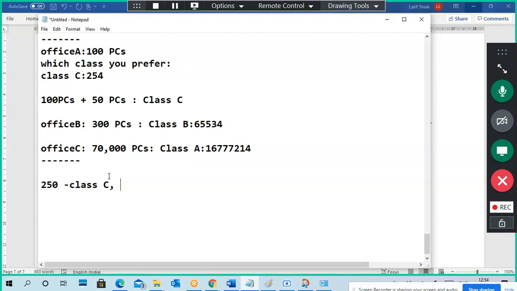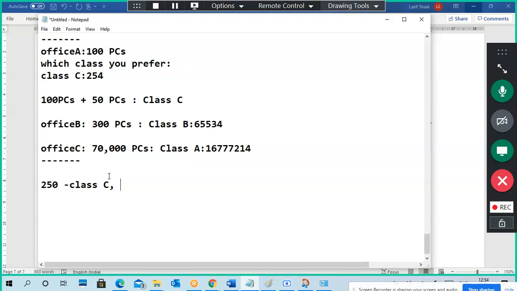Why do I choose class B instead of class C, even though 250 is less than 254? Because there is a chance in a network of adding new devices. Yes, very good, in future it may increase, good answer. In future, maybe a few more devices, say 10, are added.